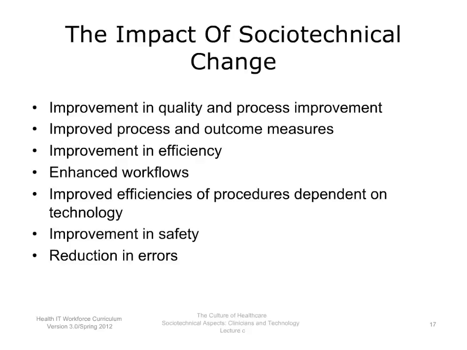For example, the availability of information embedded in the electronic health record helps the clinician make good decisions. Medication errors are also reduced as a consequence of successful socio-technical change. For example, barcoding for medications and for patients can prevent mistakes in medication administration.